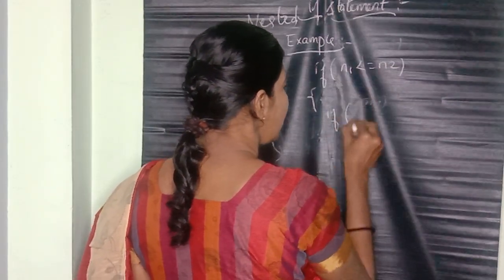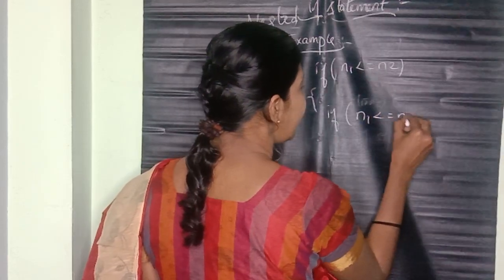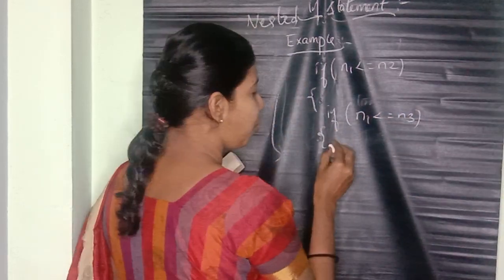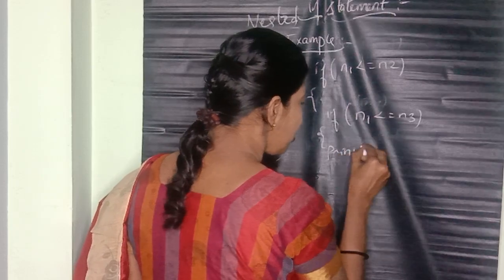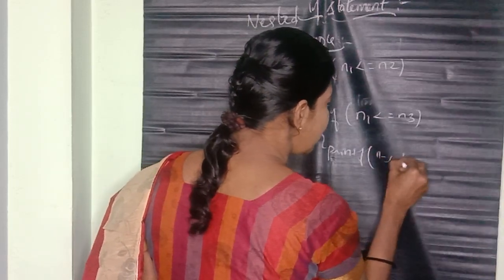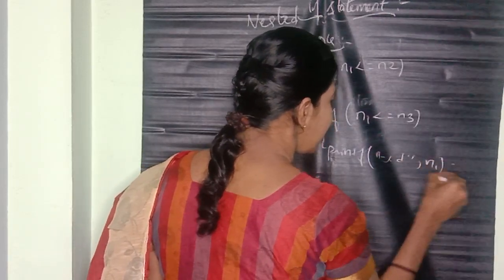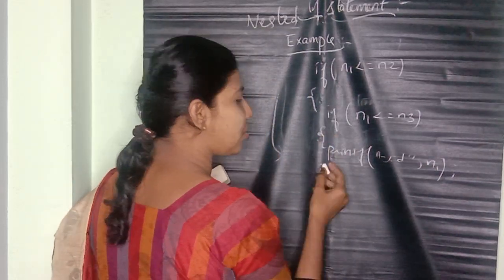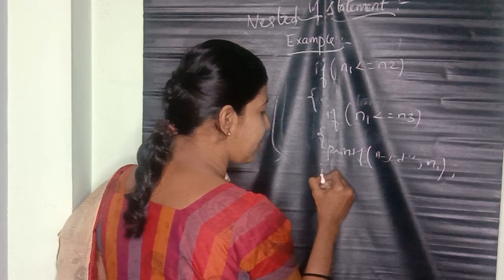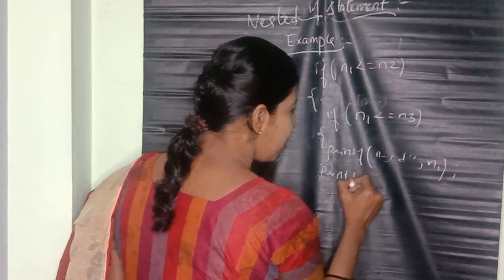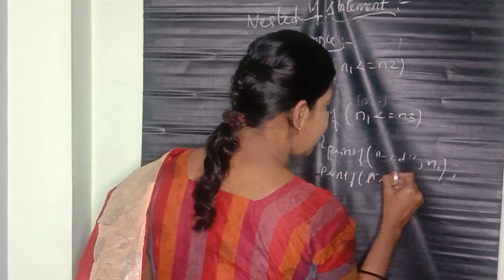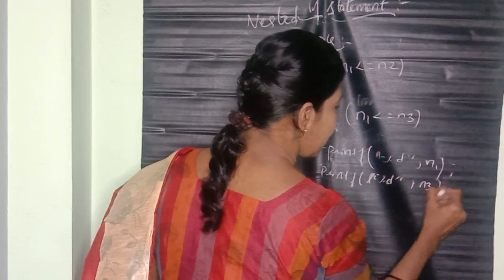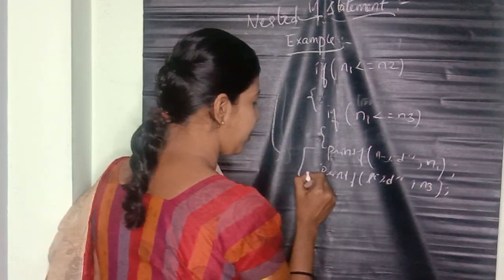If n1 less than or equal to n3, then printf within quotes goes percentage d with n1, and again printf within goes percentage d with n3. Okay, closing this curly brace.